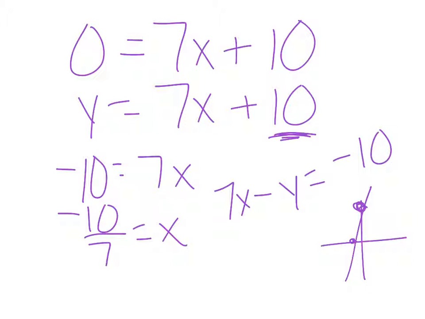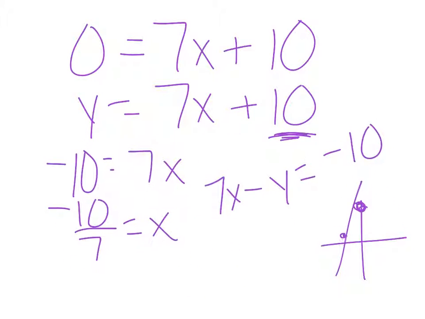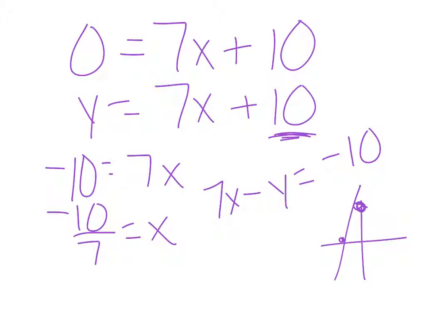If I cover up the x, I get negative y equals negative 10. That means the y-intercept is 10, which is what we see right over here.